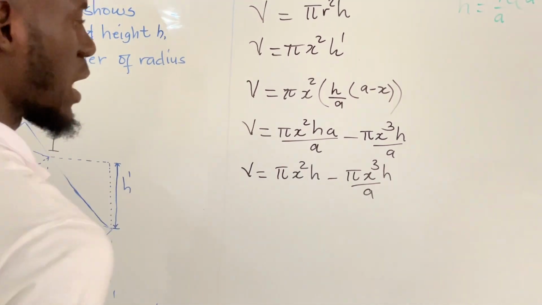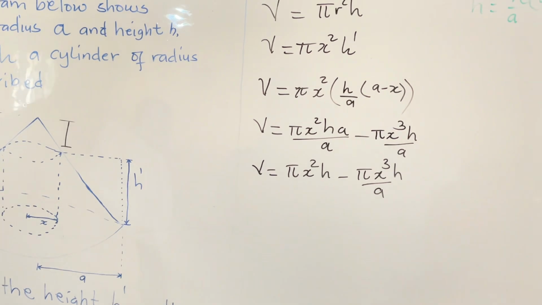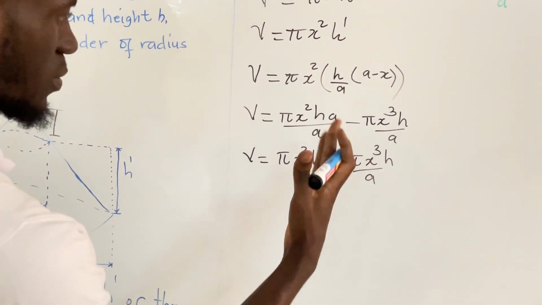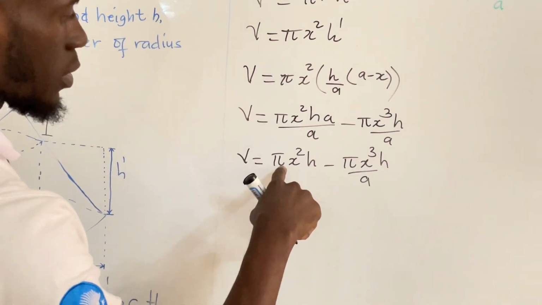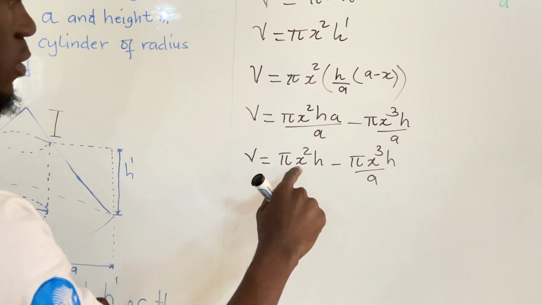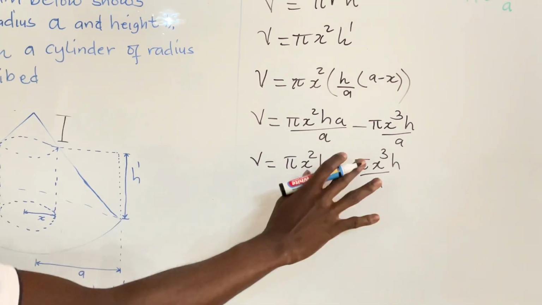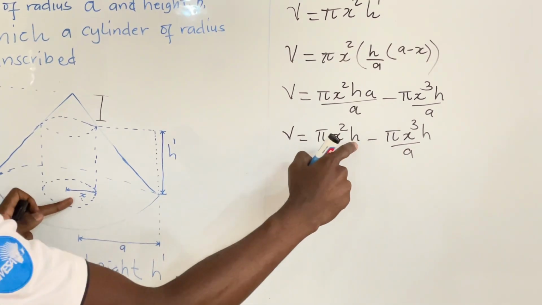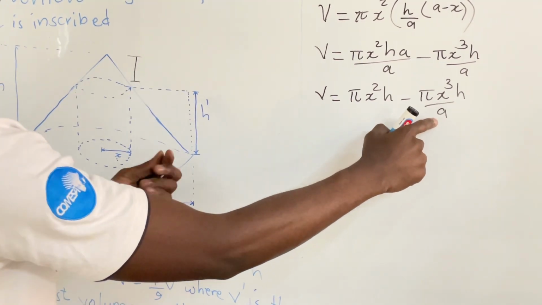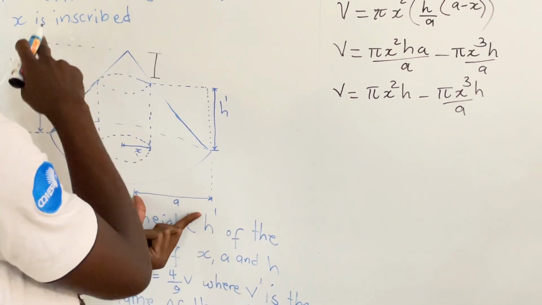over a. Now in this equation that I have, the a is a constant because it is any value we shall have. But in what we have as the volume of the cylinder, the only representative we have in our equation is x. The h is for a cone. The a still is for the big cone, the radius of the big cone, and the h is for the big cone.